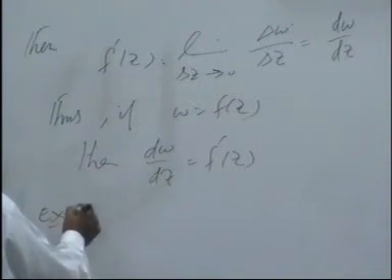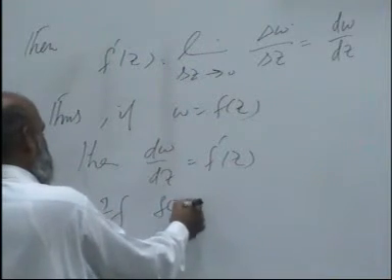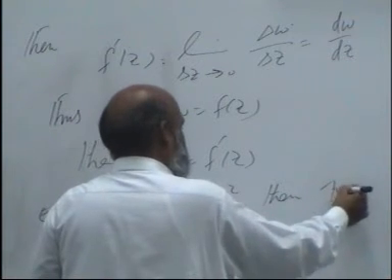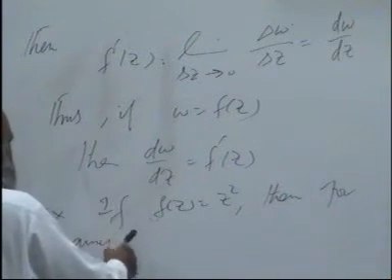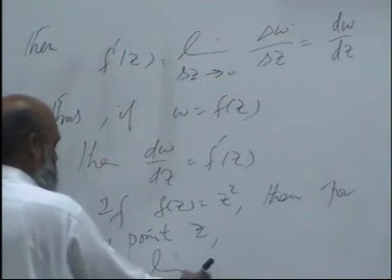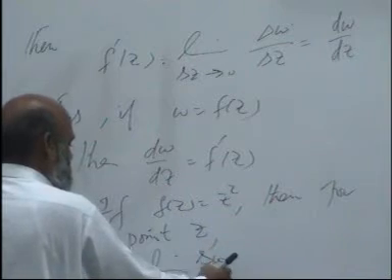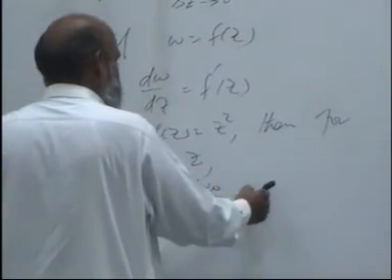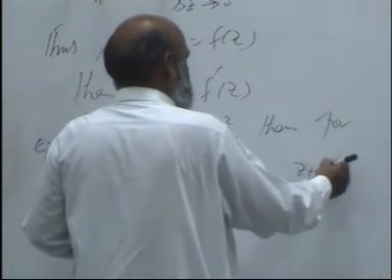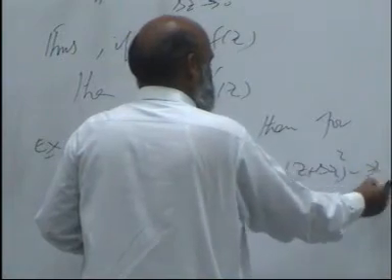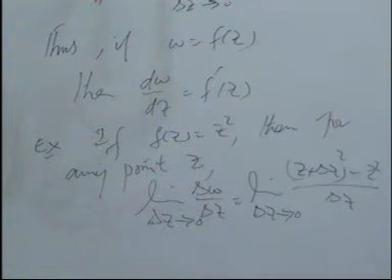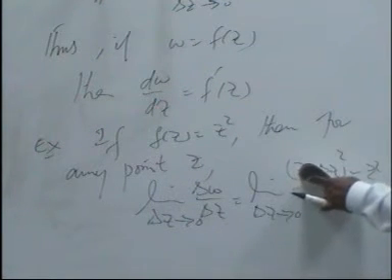How do we find the derivative? If f of z is taken to be z square, then for any point z, the limit as delta z tends to 0 of the change in w over the change in z can be written as the limit of z plus delta z whole square minus z square divided by delta z.